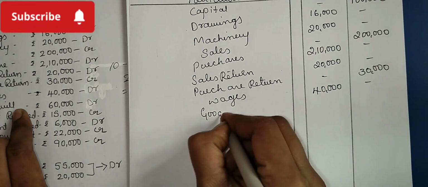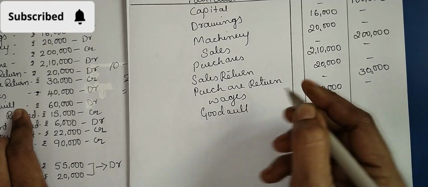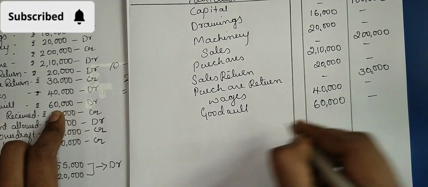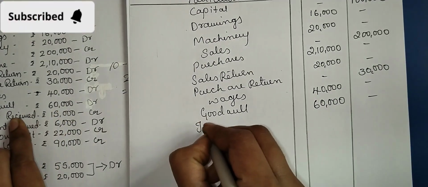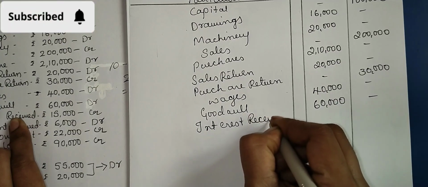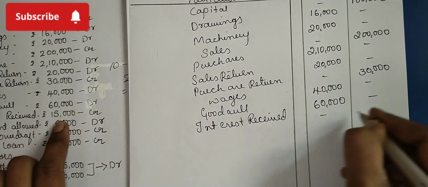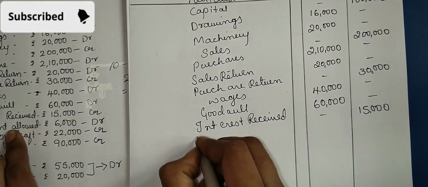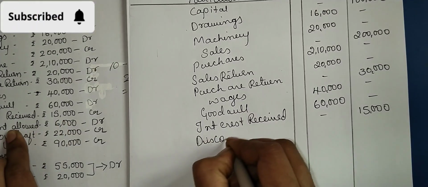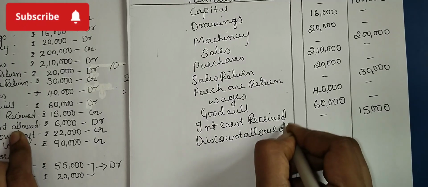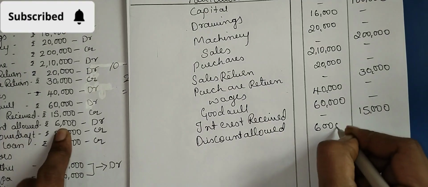Goodwill 60,000. We are recording debit side. Interest received, credit side, it's an income. Discount allowed, we allowed a discount, so it is an expense for us. Discount allowed 6,000.